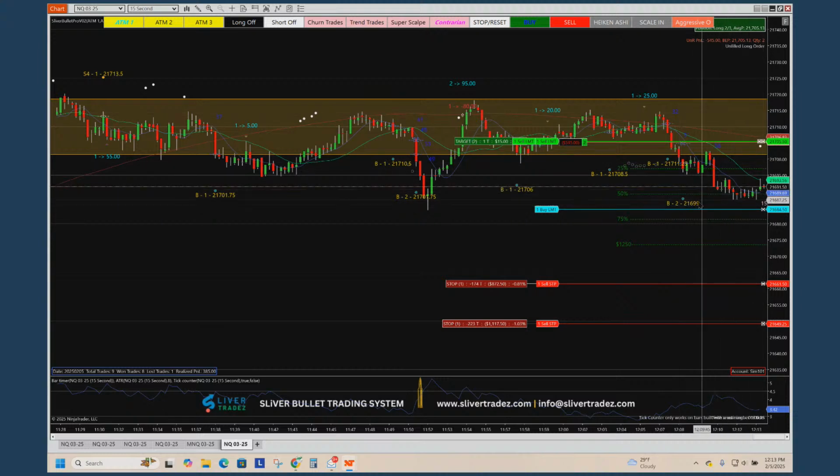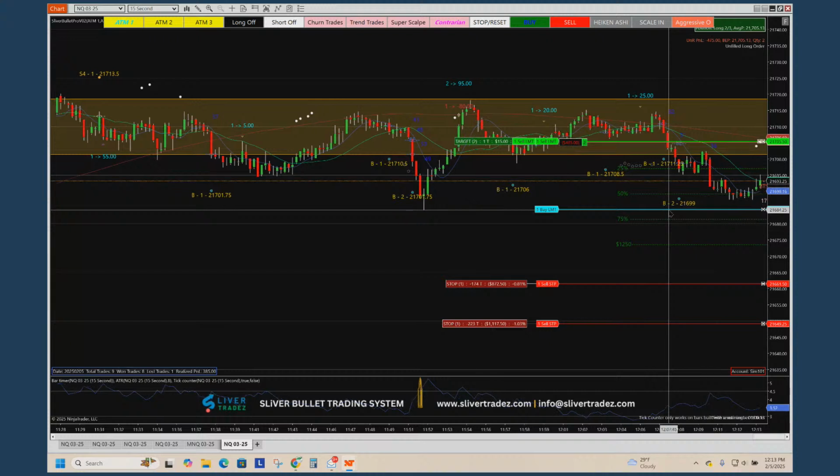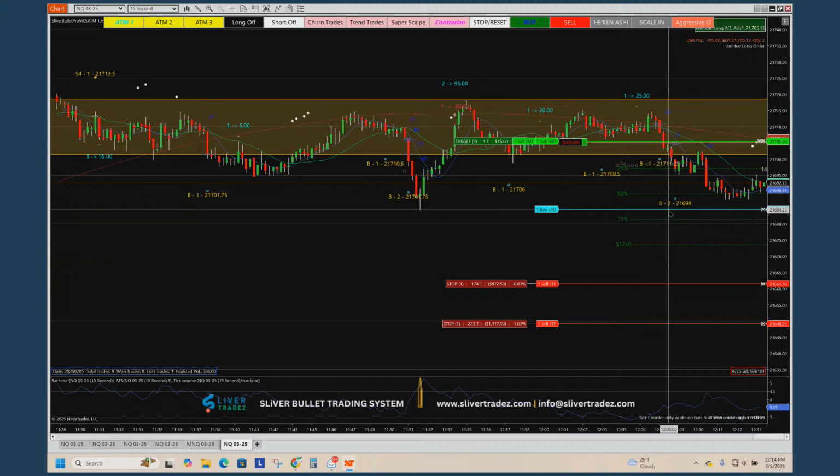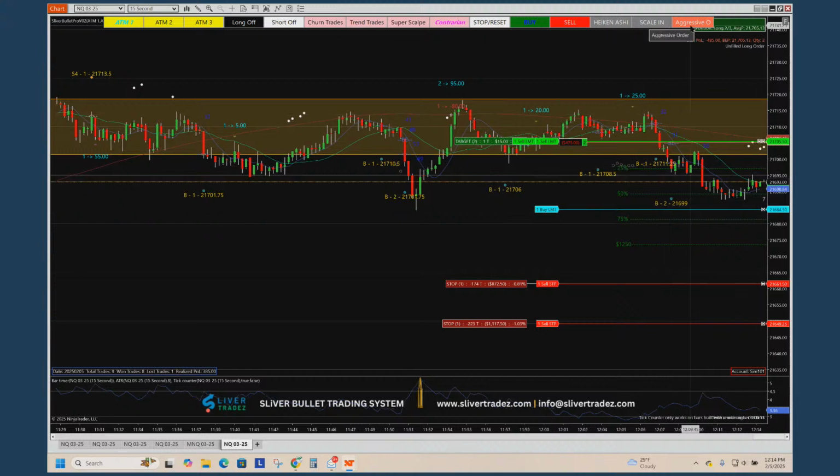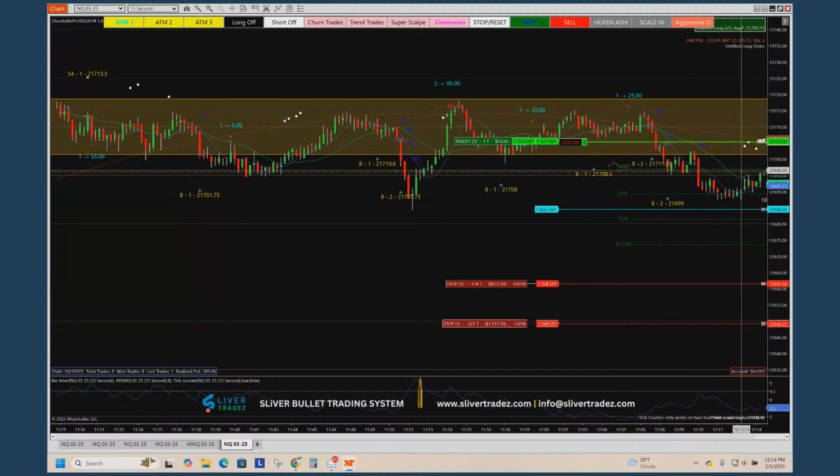Showing that it's going to turn around, but you never know. Some point I have to add additional positions so as to reduce my average price, because it could be a bit of a stretch to move up to this level.